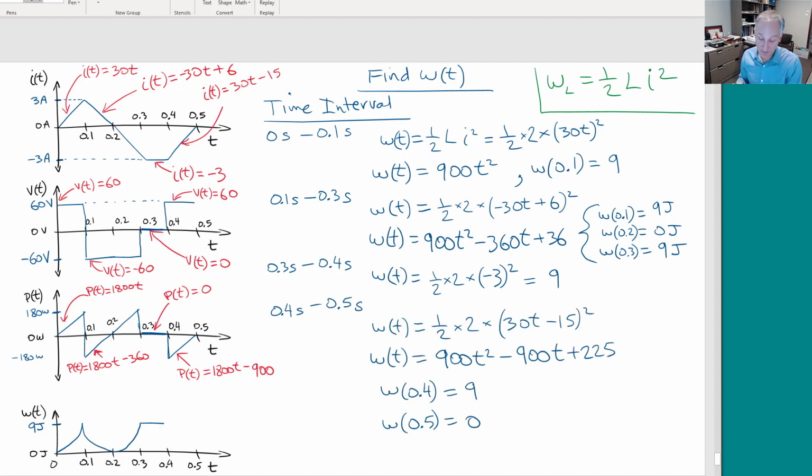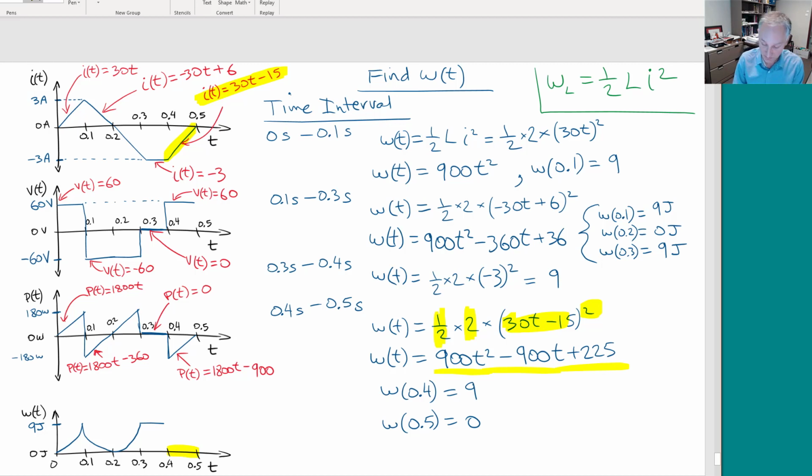So then, let's do the last time interval. So we're doing this one here. So it's 1/2 L I squared. Then that's this line segment represented by this equation, and when we work that out, don't forget the square on it, it's 900t squared minus 900t plus 225.